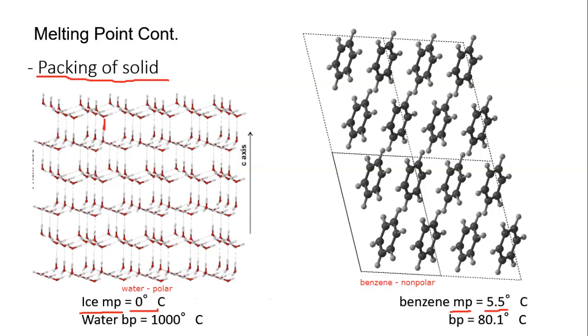So obviously intermolecular forces don't necessarily give a good indication of which one would have the higher melting point. It has to do with the packing of the solid that helps determine which solid would have the higher melting point.